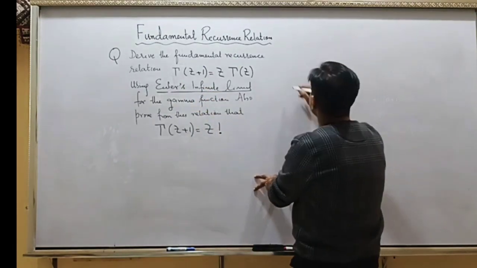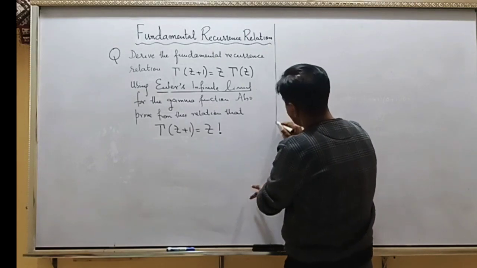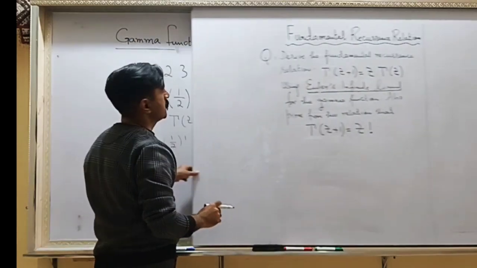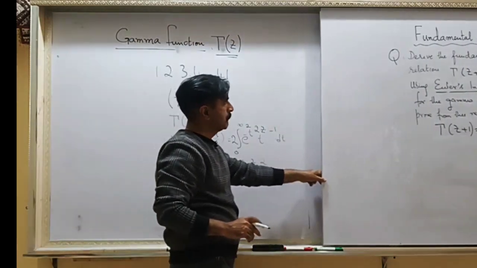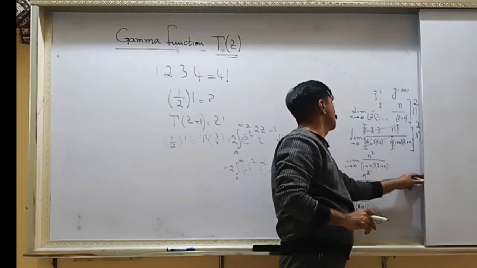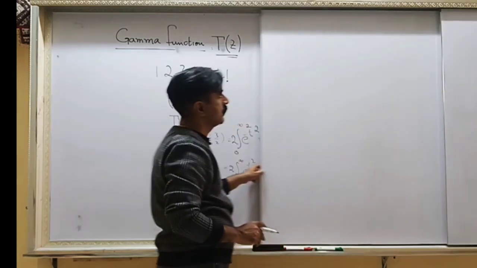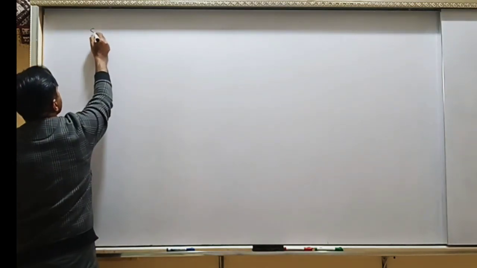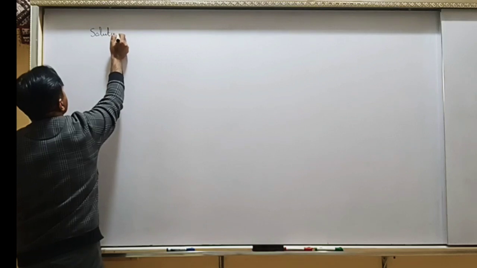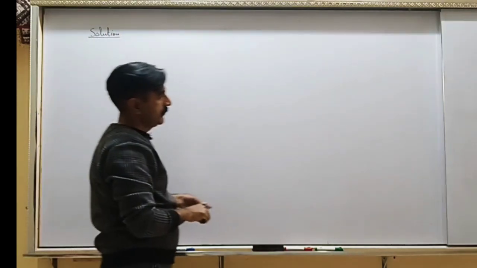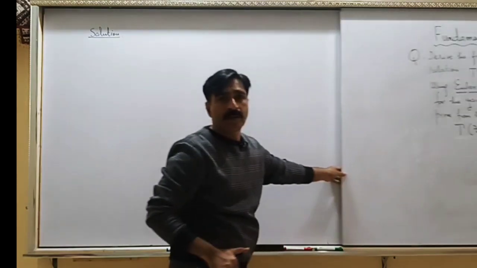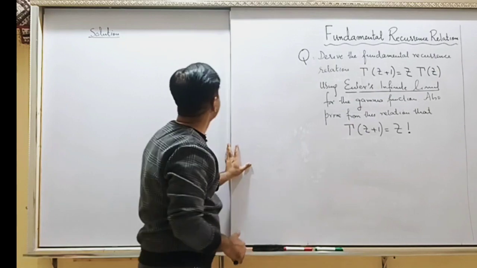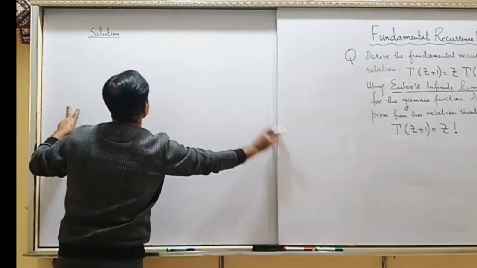So let's start the solution on the other board. So here is your solution, or you can say your proof. Keep it before you. Euler's infinite limit. So start from here.